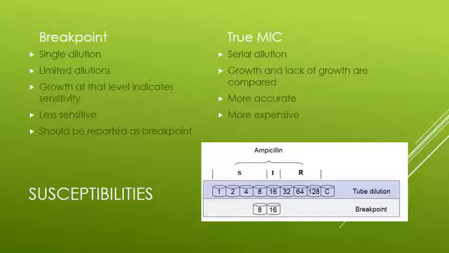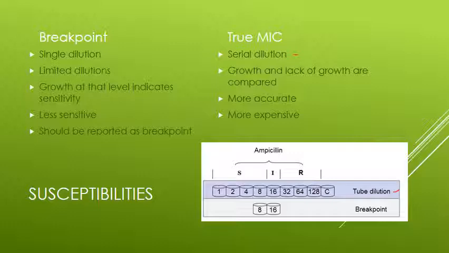True MIC requires that a serial dilution of your antibiotic be created. So you create a serial dilution, and then you add a known suspension of your specimen. In this case, where we have a tube dilution made, this can be in a Microscan well, this can be in a Vitek card, doesn't matter, or it can be in real tubes.